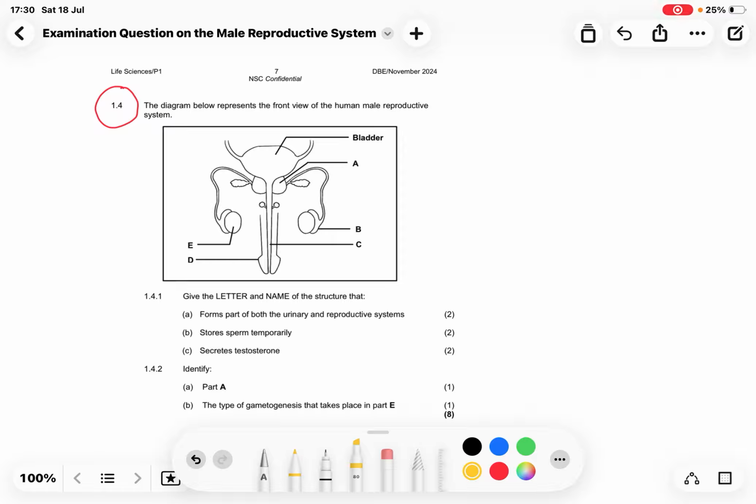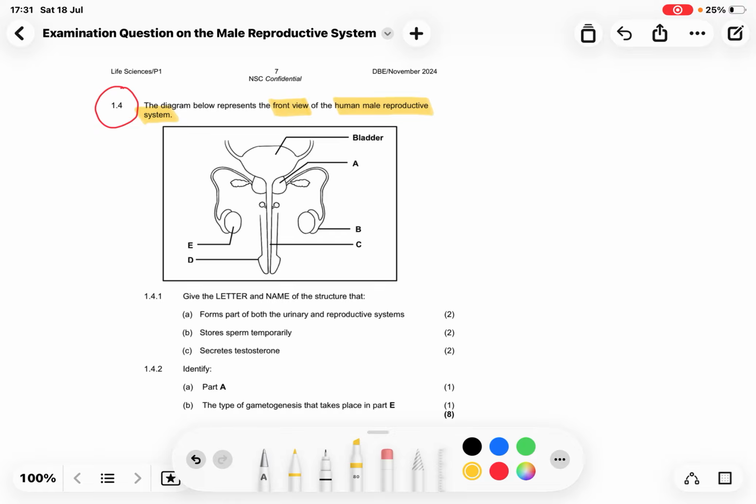The opening statement reads, "The diagram below represents a front view of the human male reproductive system." Front view. If you remember well the video that I did on the male reproductive system, I highlighted that this diagram can be provided as a front view or a side view.